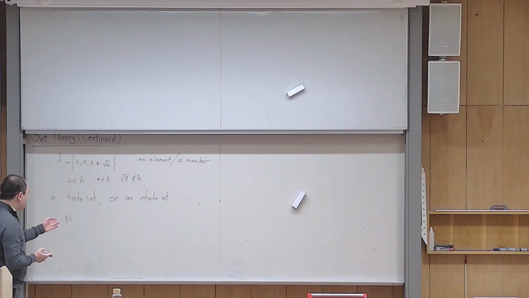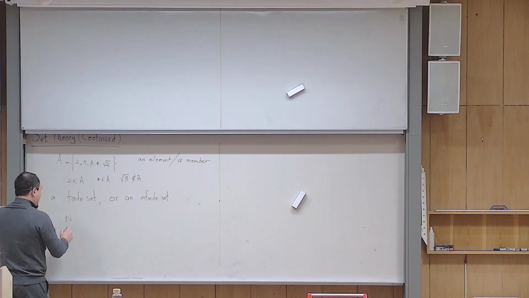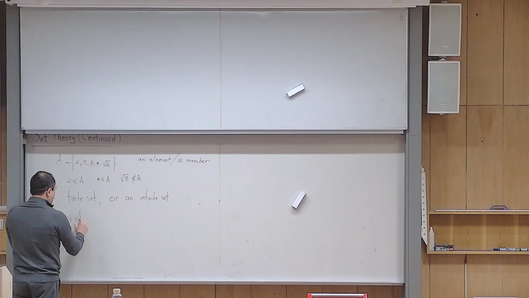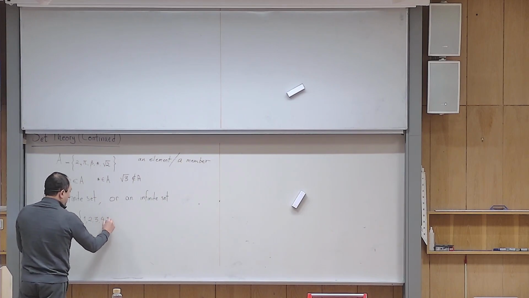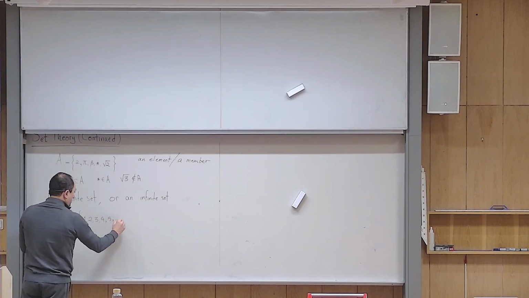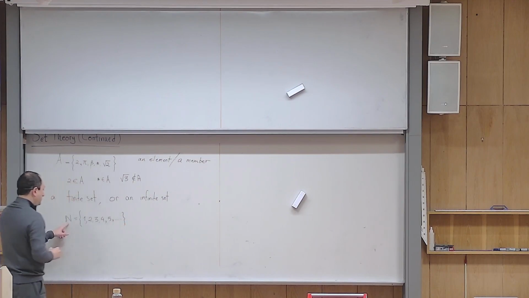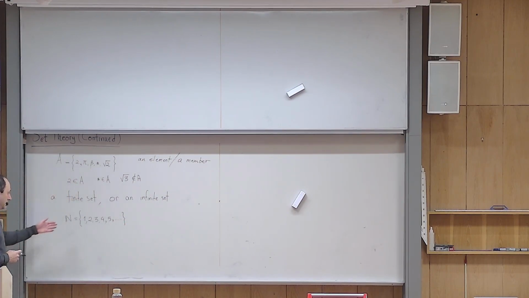Okay, so these are the symbols we use. So the set of natural numbers, if we start from 1, the first one is 1, the second one is 2, the third one is 3, 4, but you know that this list will continue forever. So this is a very simple example of an infinite set.